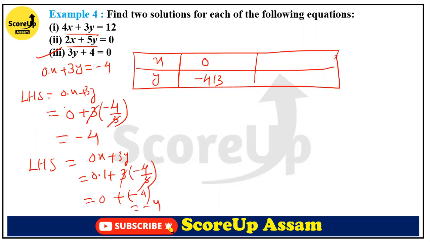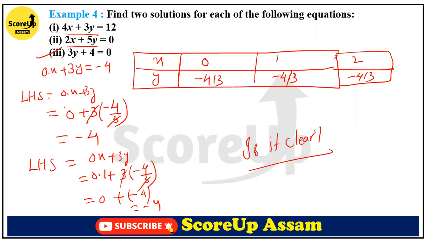So here x can be 1 and y is minus 4 by 3. Okay, is it clear to you? Tasneem, Tanjeem, Firdaus, is it clear?